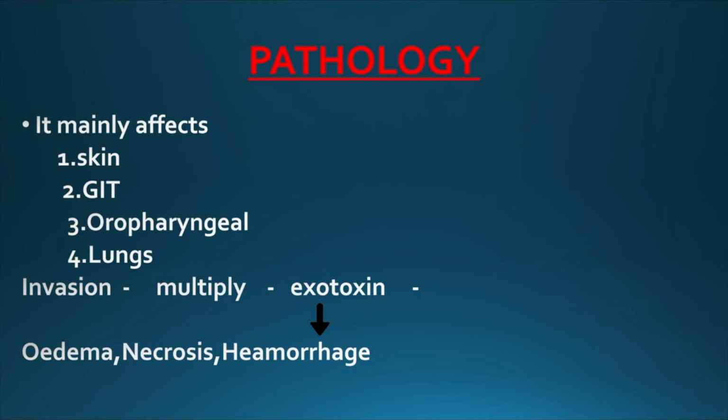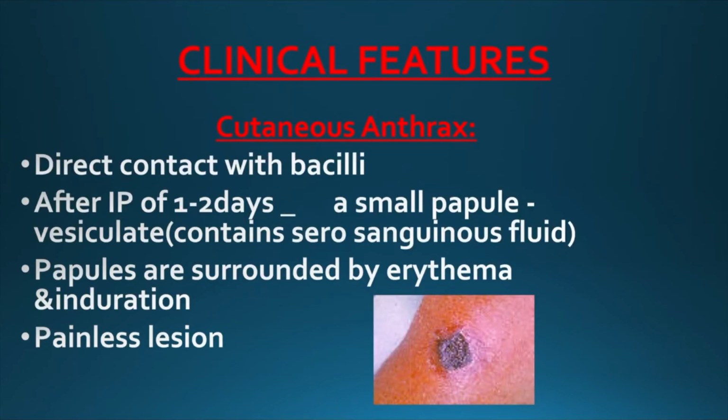Pathology. It mainly affects skin, GIT, oropharyngeal, lungs. First, the invasion of the organism. Then it multiplies in the body and releases exotoxin that causes edema, necrosis, and hemorrhage. Clinical features.